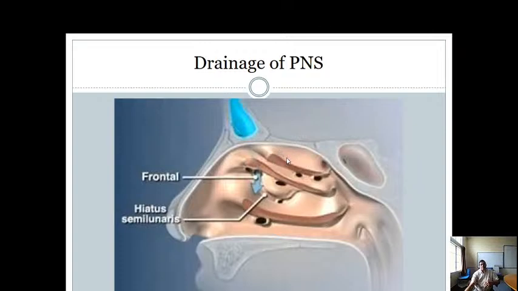And we have also seen that the blood supply of the nasal cavity is by both systems, the external carotid and the internal carotid system.